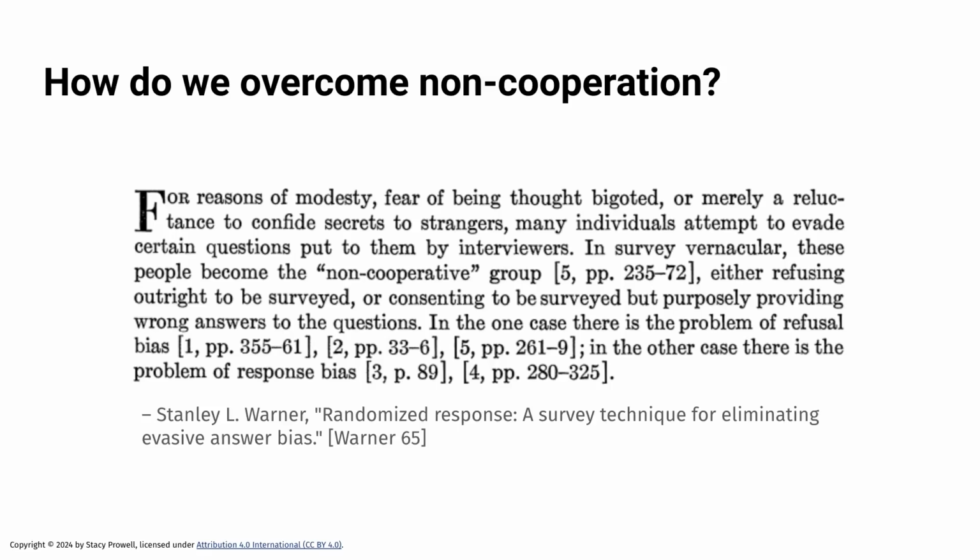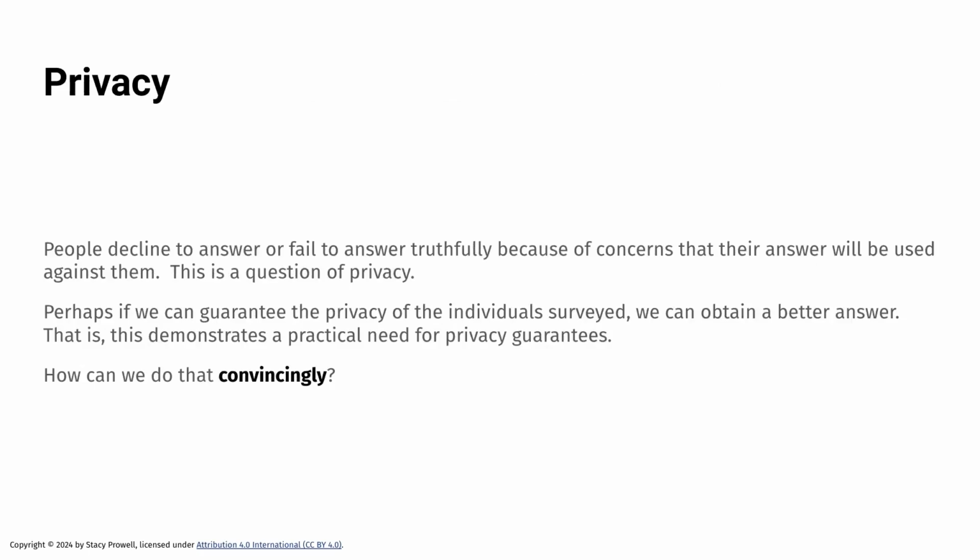And that's a problem for constructing surveys. So how do we overcome this? Well, let's see. People decline to answer because of concerns that their answer could be used against them. That's obviously a question of privacy. I'm concerned that if I answer truthfully, my answer will be used against me.